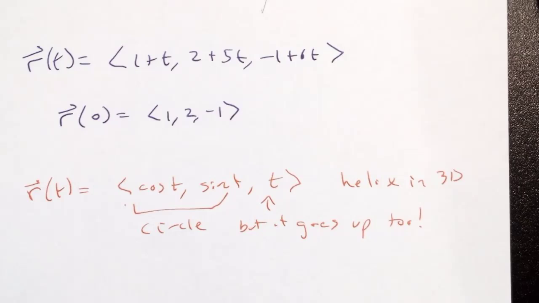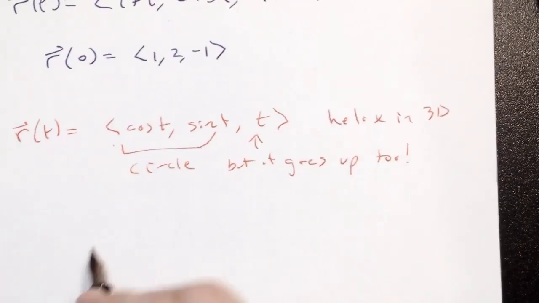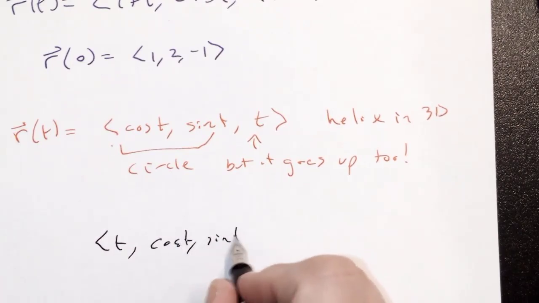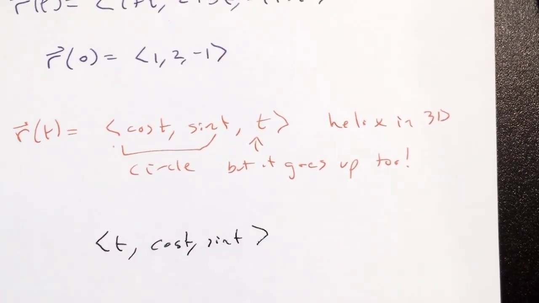So in that problem, the first component was the t. What's that do to my helix? Instead of going up the z-axis, it goes out the x-axis, around and around in y and z.